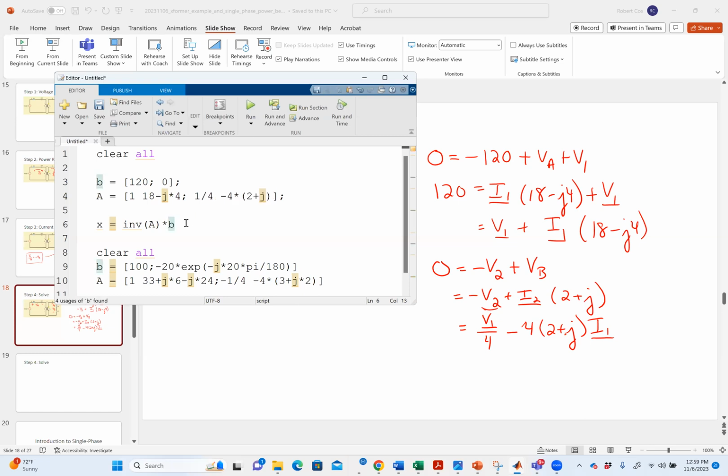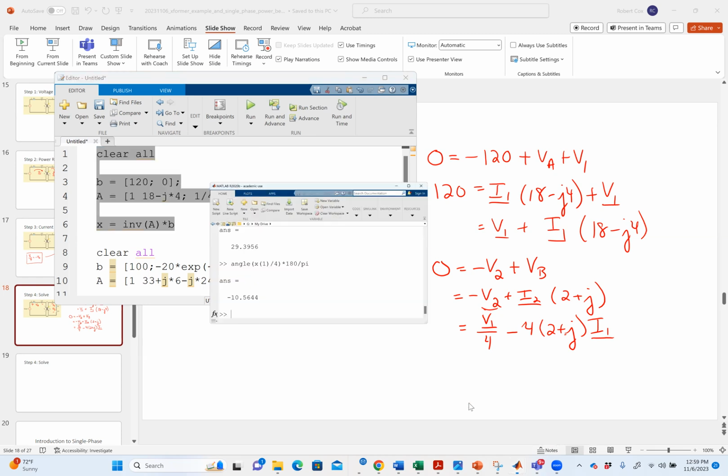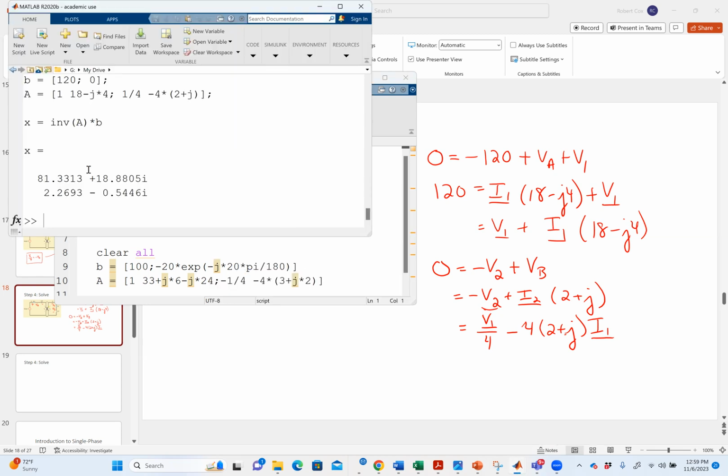So what I do is I solve that, and then I can look in the MATLAB command window to see what my results were. All right, so I see that X was my result. If I look at this and say, what's the abs of X? That's going to tell me the magnitude of V1 and the magnitude of I1. To get the angle, I say angle of X, and I want it in degrees, so I do 180 over pi.